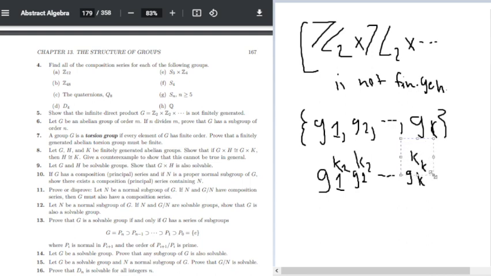Let me change that notation, I should think harder before I use it. Here we go: G1 to the p1, G2 to the p2, all the way to Gk to the pk.